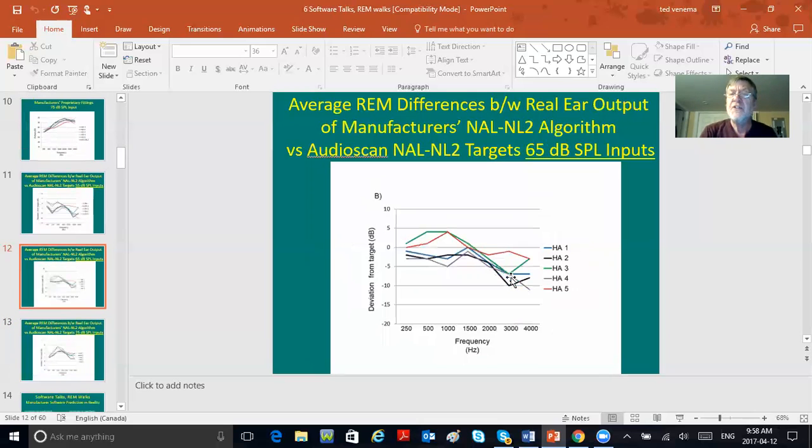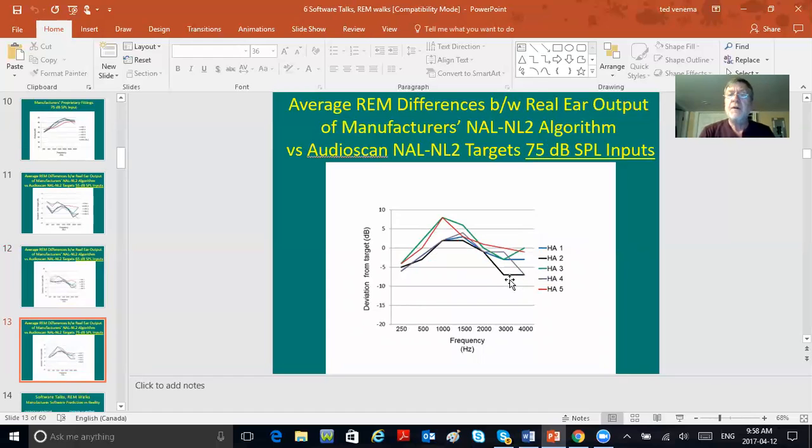Then you look at the 65 dB SPL input. Same thing, we're looking at the differences. Now the differences become a little bit less, but you're still getting quite a drop here and here. Once again, hearing aid company number 3 is doing pretty well. Not bad, can't complain.